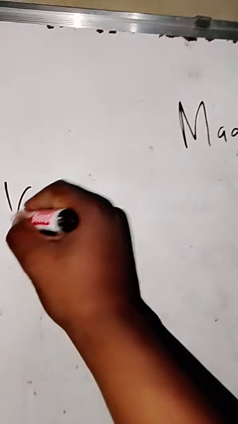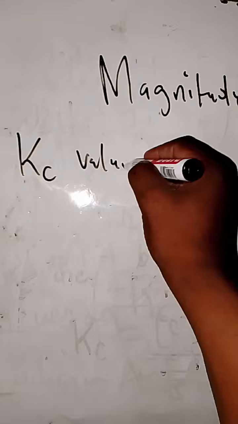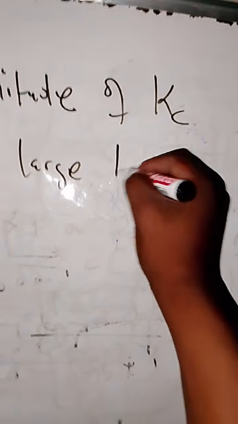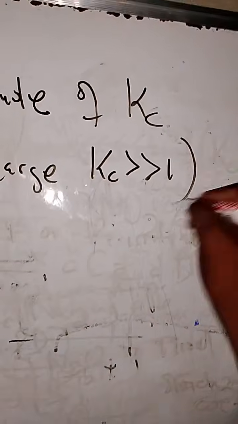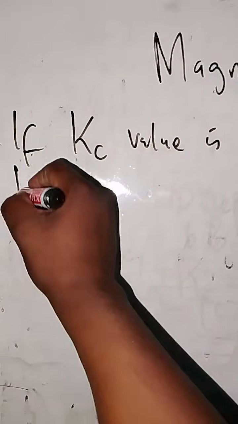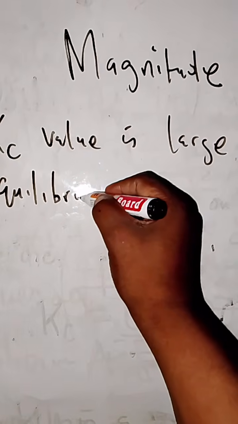Okay, so number one, if the Kc value is large, that is Kc greater than 1, it means the equilibrium lies to the right.